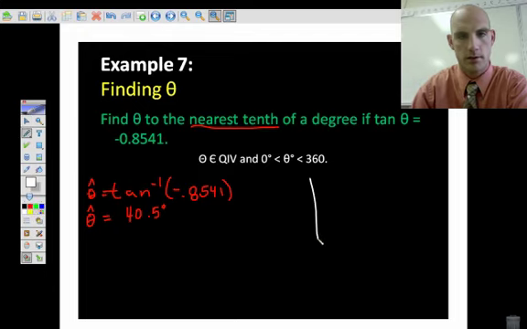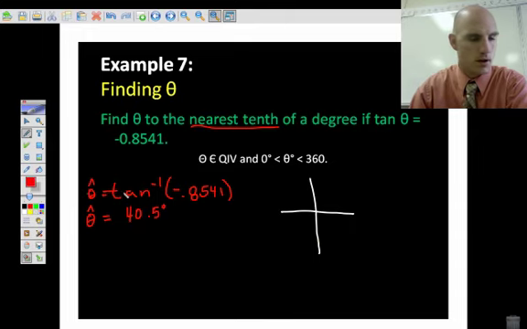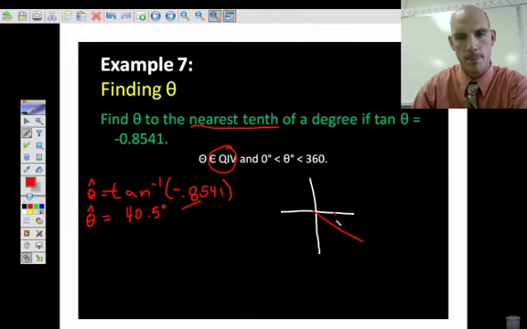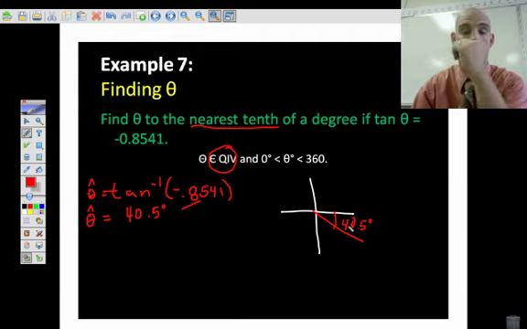Whoops, technical difficulties. Not much better, but we're working with it. Okay, so if my theta hat is 40.5, that's my reference angle. And we're noticing that we are in the fourth quadrant. So that's going to be here. That's my 40.5 degrees there.